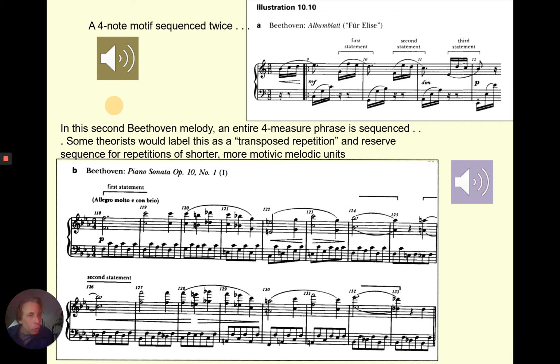All right, so we're looking just at the right hand, and we have imitation as well, but the sequence is this idea that then is repeated, except at a lower pitch level, and then repeated again at yet a lower pitch level.